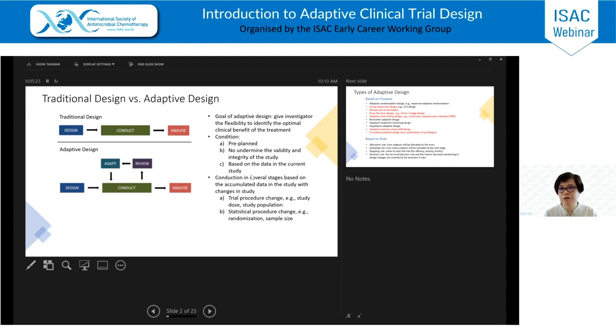Basically, it encourages investigators to submit adaptive designs. The reason is that before that, FDA found there were few NDA submissions, because developing a drug is very expensive.